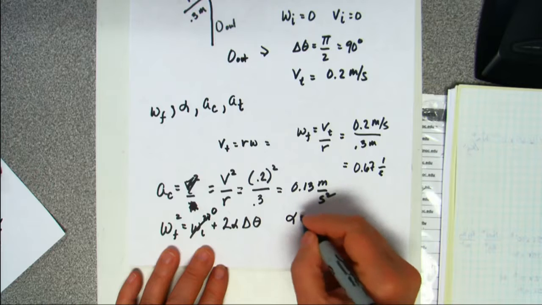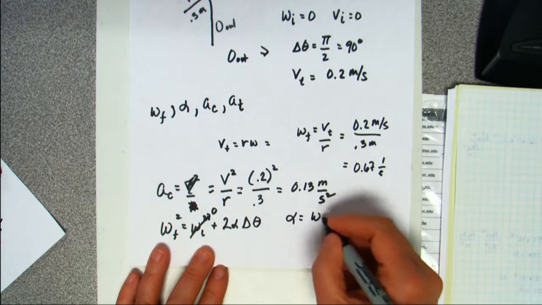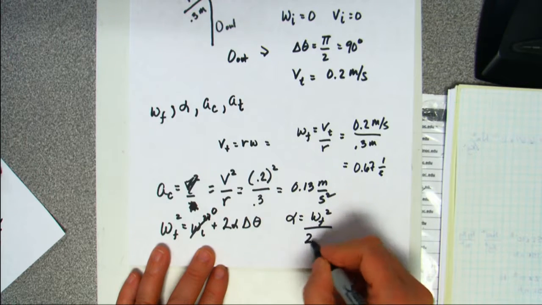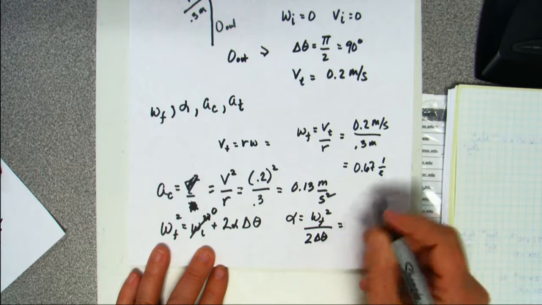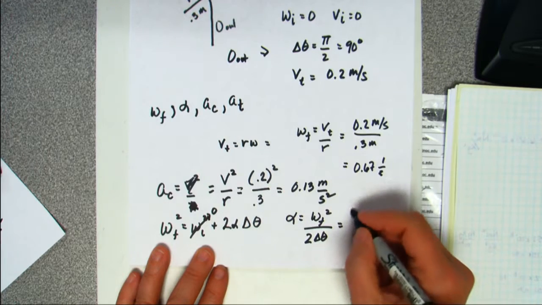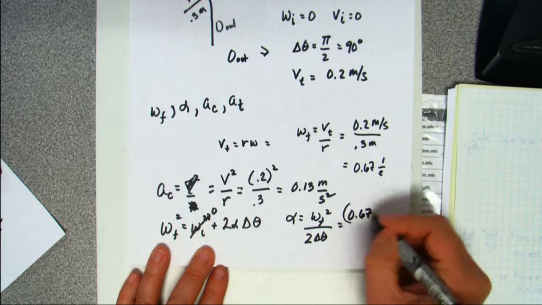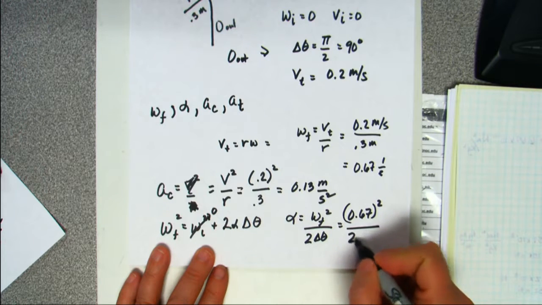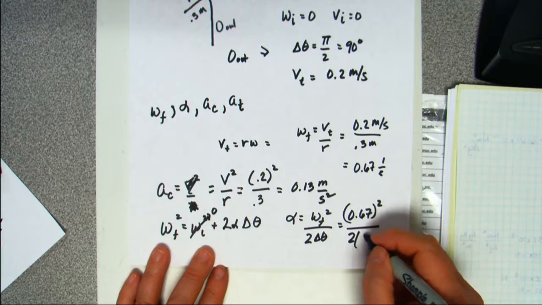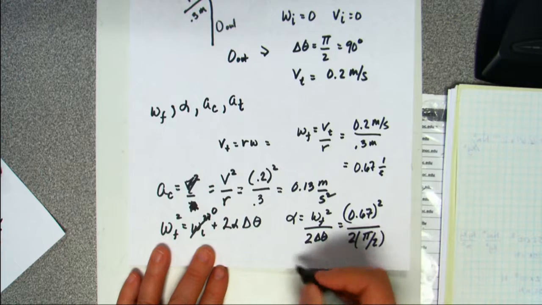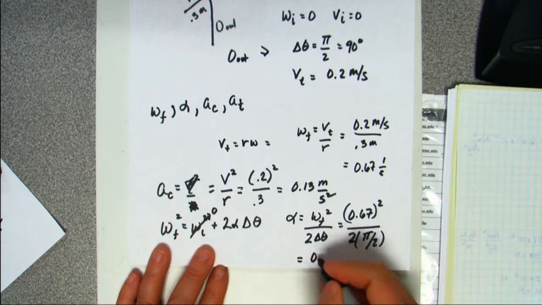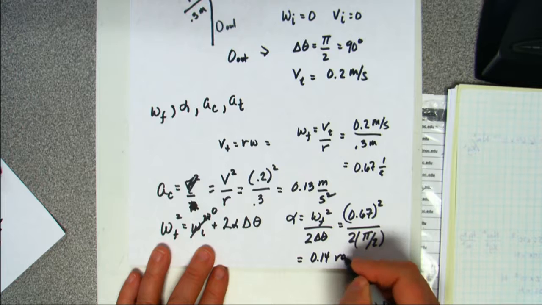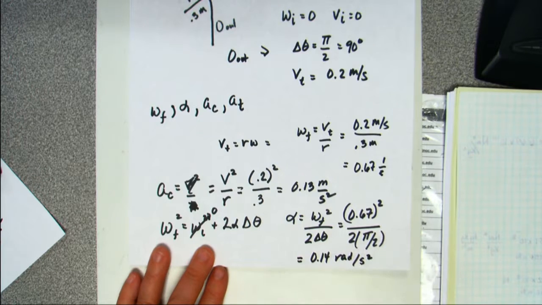So alpha is going to be omega final squared divided by 2 times the change in angle. We already figured out the final, and that's my 0.67 squared divided by 2 times pi over 2. And that's going to give me 0.14 radians per second squared.